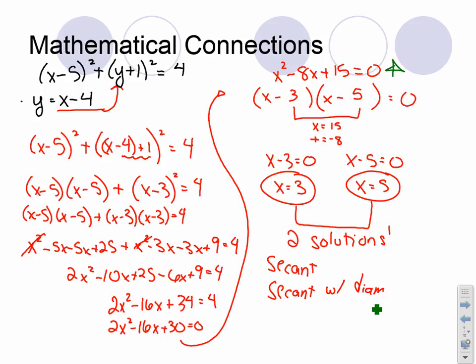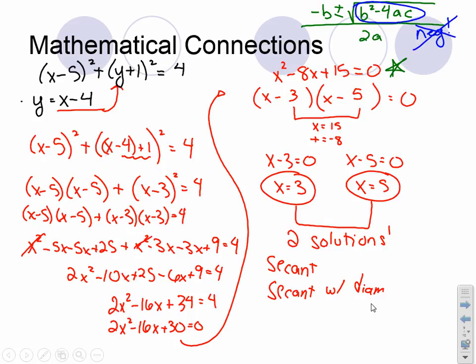If you get down to this part here, I'm going to do this in green, and you cannot factor, please make sure you try the quadratic formula. The quadratic formula is negative b plus or minus the square root of b squared minus 4ac, everything divided by 2a. If you plug your numbers in and you end up getting an error, because the discriminant, again, we're reviewing Algebra 1 here, ends up being a negative, that can't happen.